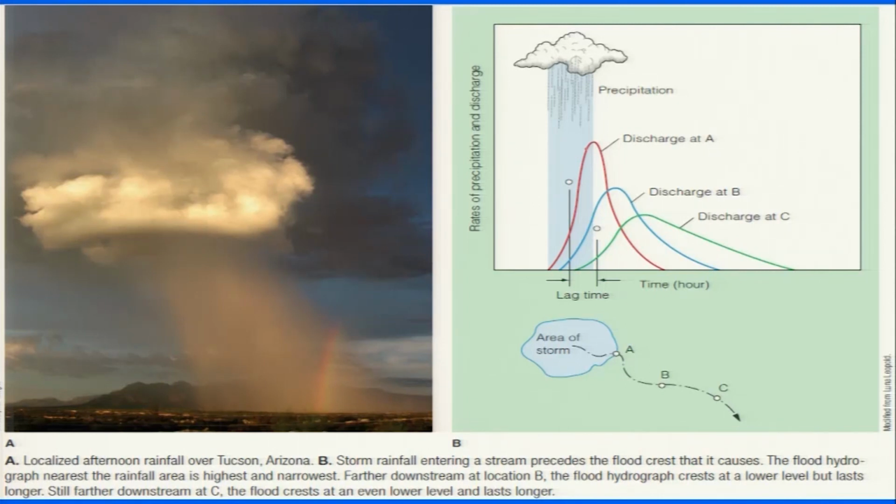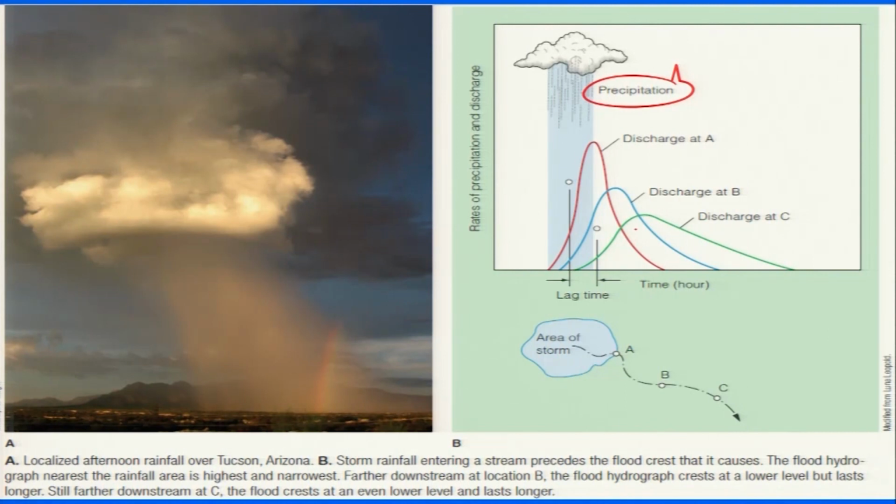This is the flood crest, actually the peak. The flood hydrograph nearest the rainfall area is highest. This was close to the area where there was excessive pouring out, so this region will have the highest and the narrowest peak.